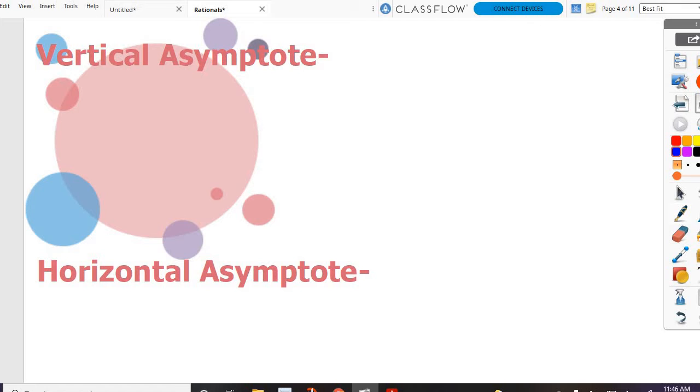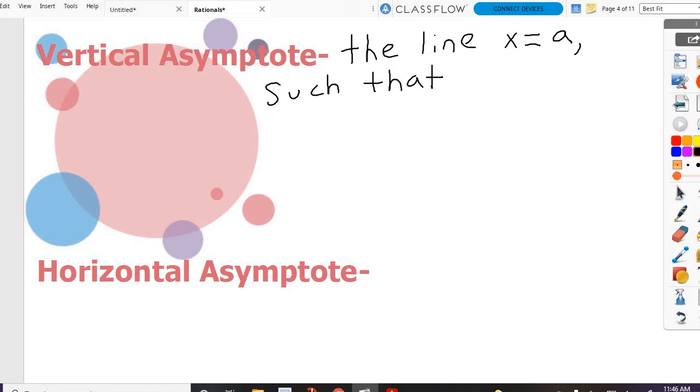So our vertical asymptote is this imaginary line. So it's going to be the line x equals a such that f of x, or our y values, are going to go towards either positive or negative infinity as x goes towards whatever our a value is.